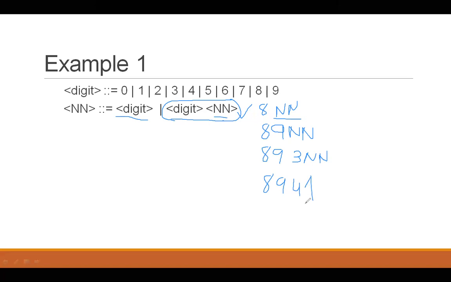Sorry. So defining the natural number recursively can help me define any number of digit values using this definition of natural numbers. I hope that it makes sense to you.